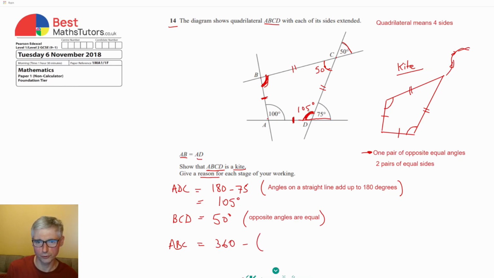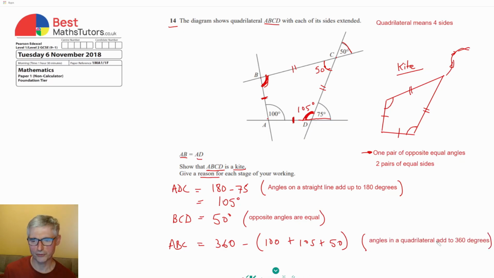So if I add the 100, the 105 and the 50 together, then I can find angle ABC. And the reason I'm going to put at the end of this is that angles in a quadrilateral add up to 360 degrees. That's a bit similar to saying angles in a triangle add up to 180. Well, angles in a quadrilateral, a four-sided shape, always add up to 360.